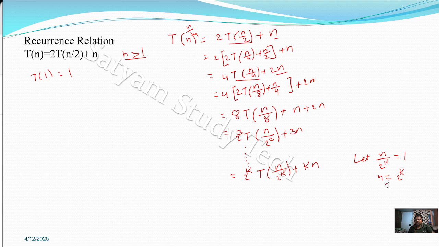Apply logarithms on both sides: log n equal to k log 2. Here log 2 base 2 is 1, so k equal to log n.